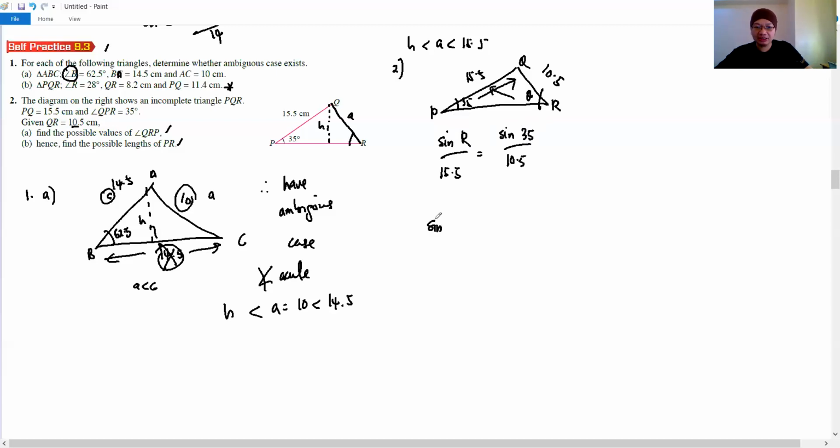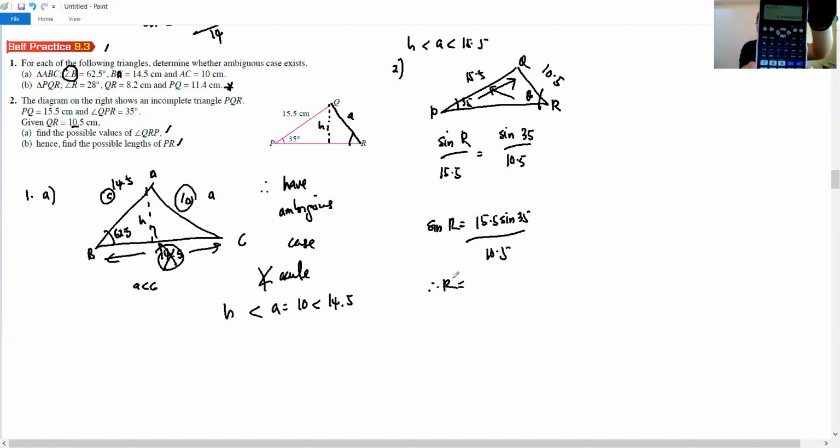So sine R equals 15.5 sine 35 over 10.5 straight away. This is the calculation that we are supposed to do.